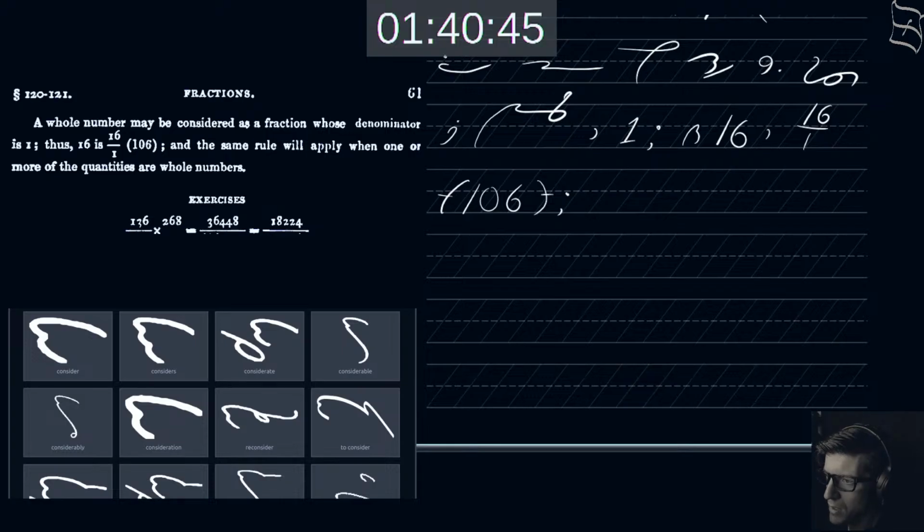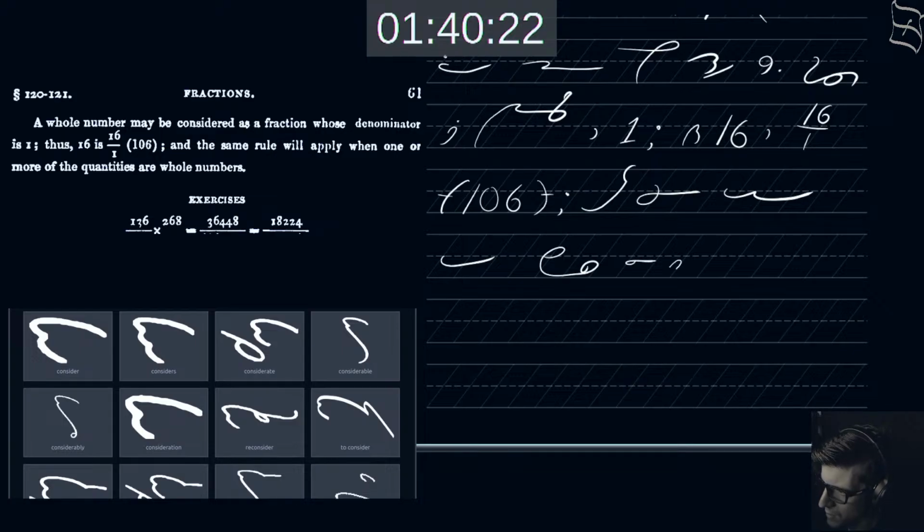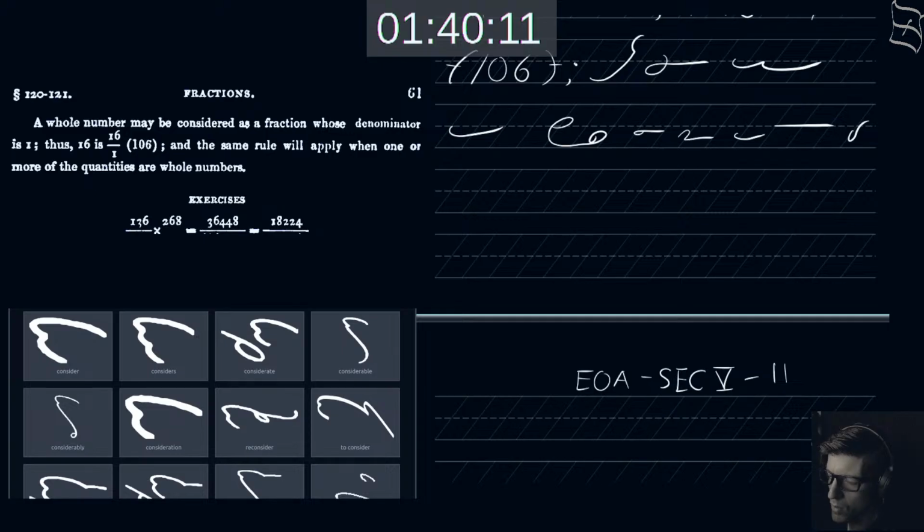And the same rule will apply when one or more of the quantities are whole numbers.